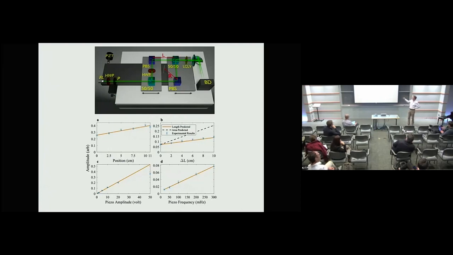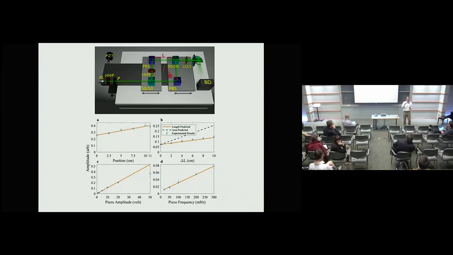Are you really seeing the Sagnac effect? What we see is that it is linear in the length, and that it's not a function of area. So it does seem to be a function of Doppler shift. And what I think is really happening is a general relativistic effect, because we don't see the rotation of the Earth. I'd really love a general relativist to jump in and say, oh, that's what's happening.